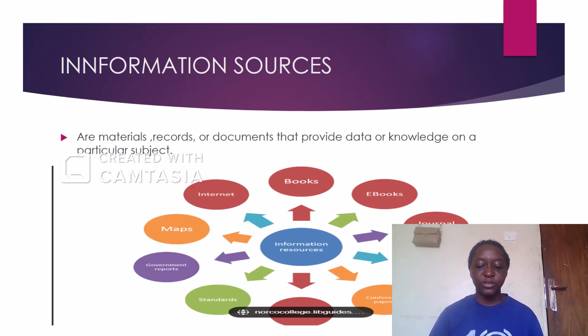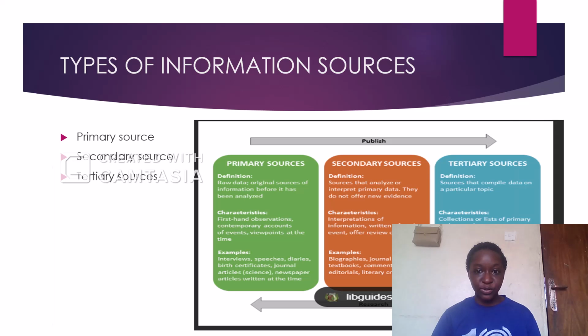We are going to look at the different types of information sources: primary sources, secondary sources, and tertiary sources. We have a lot of information sources, but they are categorized into different types. We are going to first look at primary sources, then secondary sources, then tertiary sources.